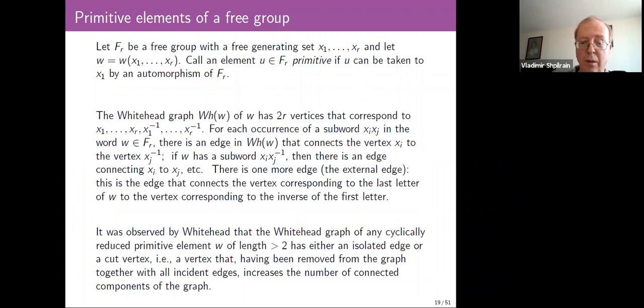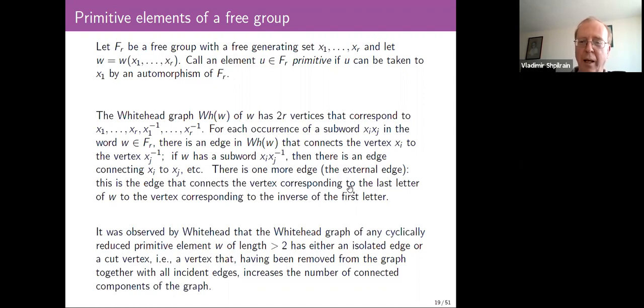It's important that the input should be cyclically reduced, right? Because, for example, take X1 and conjugate it with any element. It's still going to be a primitive element, but the Whitehead graph of this could be anything at all.